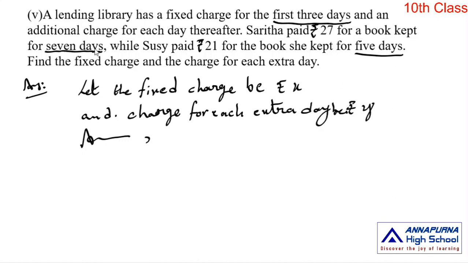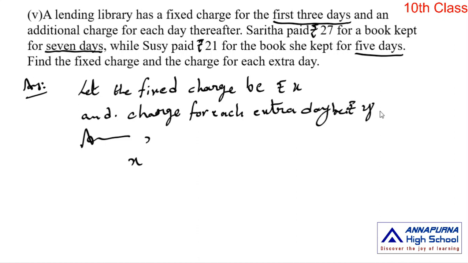Out of these 7 days, for the first 3 days we have a fixed charge. How much is it? x rupees. And additionally, how many days are there? Out of the 7 days, we already charged for the first 3 days, so there are 4 additional days. Per each day, she pays y rupees.